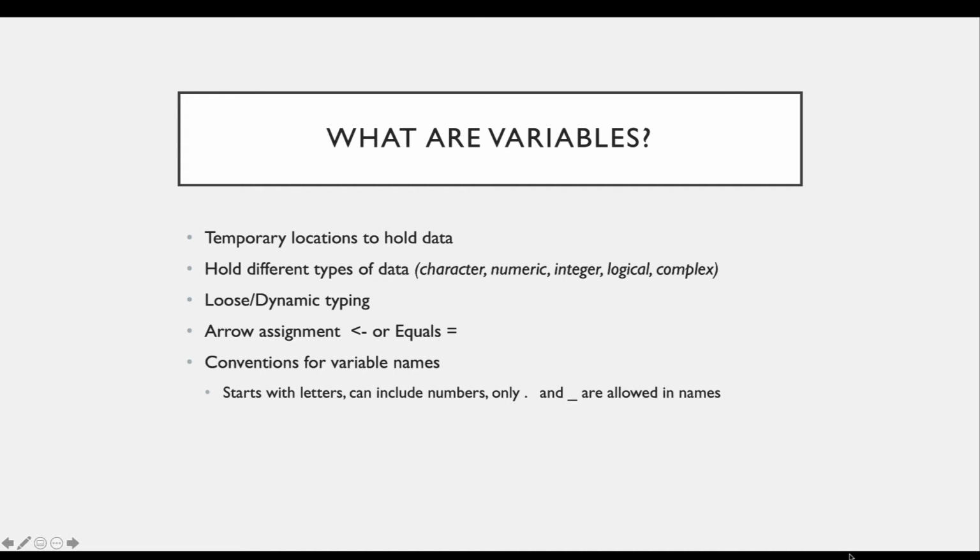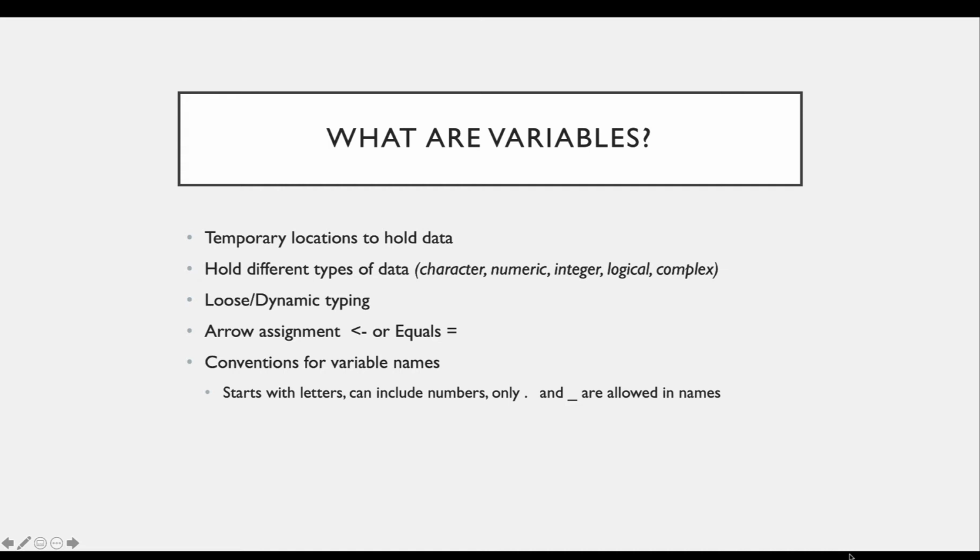Numeric data, so let's say for instance price or age or anything numeric, is another type of data. You might have integer data, that is whole numbers. You might have logical data such as booleans, and then you might have more complex data types. So there are different types of data present across programming languages and even in R. And what variables do is they're locations to hold these different types of data.